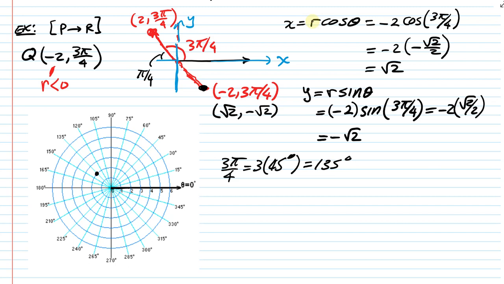That's the point 2 and 3 pi over 4. So negative 2 and 3 pi over 4 is when you reflect that across. So it's going to be right in here. And there it is. That's going to be the point. This is negative 2 and 3 pi over 4.